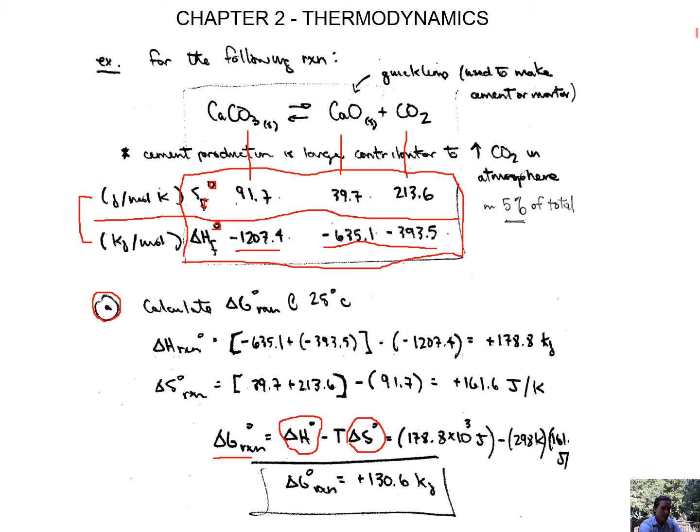So we put this through and we get 178.8 kilojoules. We do the same for delta S, products minus reactants, and we get a positive 161.6 joules per Kelvin. Where did the moles go in the units?